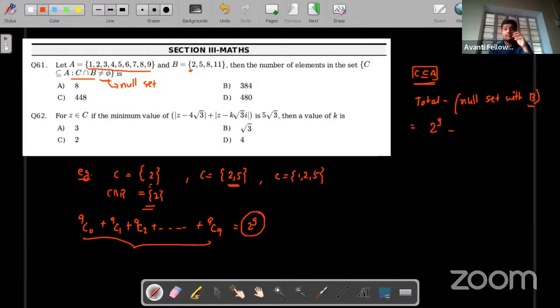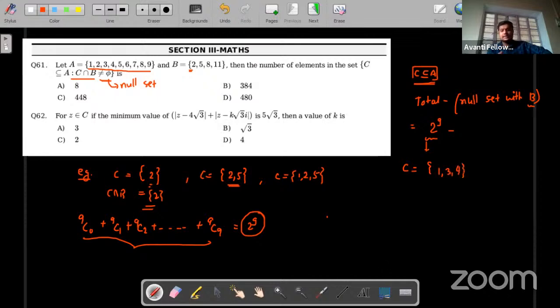Now I have to check, with those subsets, how many sets will be intersecting with B, such that this should be a null set. Let's say, out of all these subsets, I have taken C equals 1, 3 and 4.